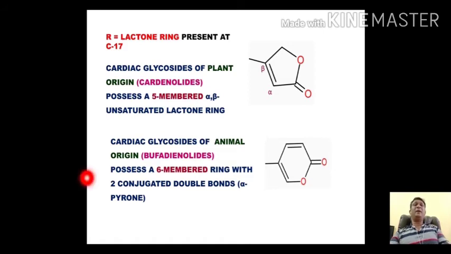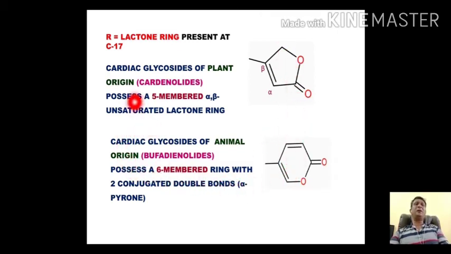Now one very important point is that in most of the cases the R group is a lactone ring which is present at C17 position. Now some cardiac glycosides have the difference in this ring also.